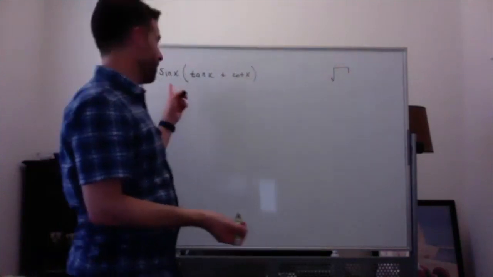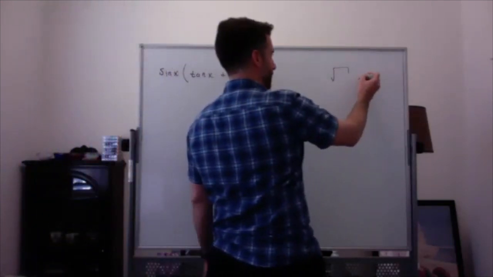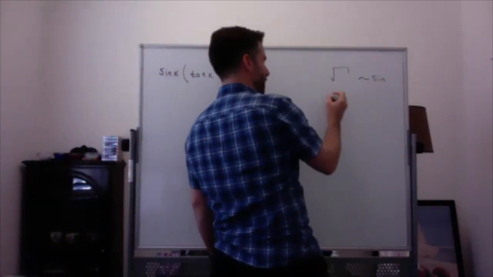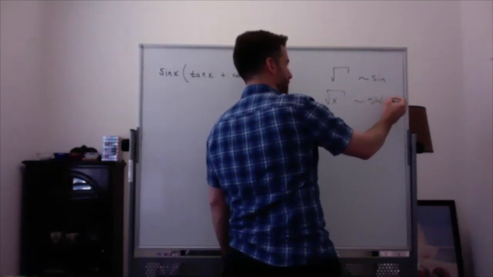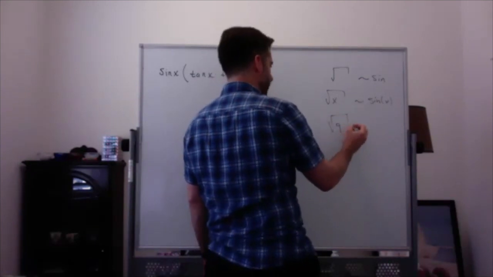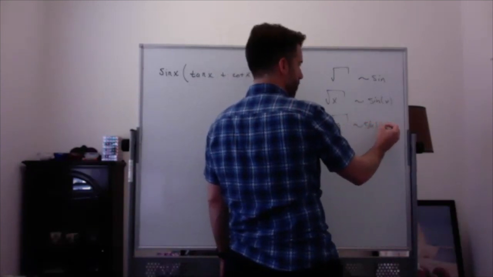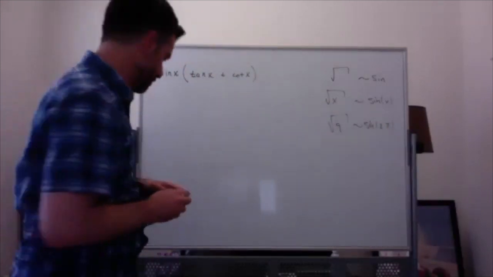It doesn't make sense to write a trig function without anything in it. So we don't want this. This is kind of like writing sine. We want the square root of x, which is like writing sine of x. Or the square root of, I don't know, 9, which would be like writing sine of 2 pi. And you always need to have an argument inside your function.